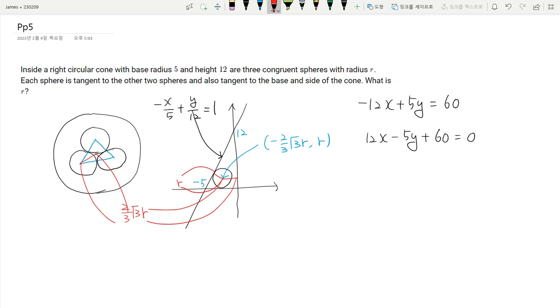If we use the formula, we get this expression. We put these points to x and y in the equation.